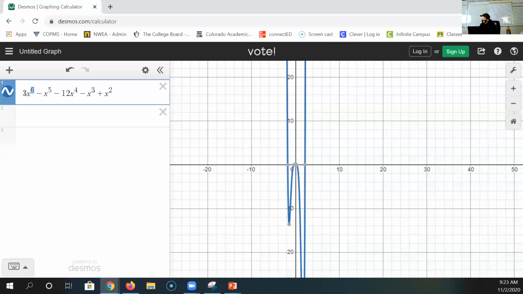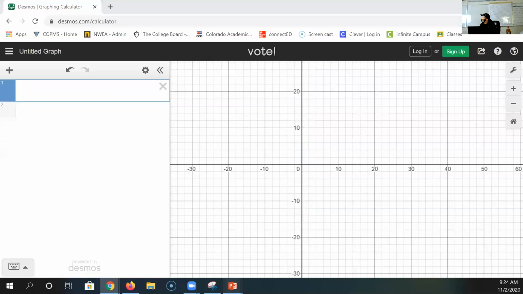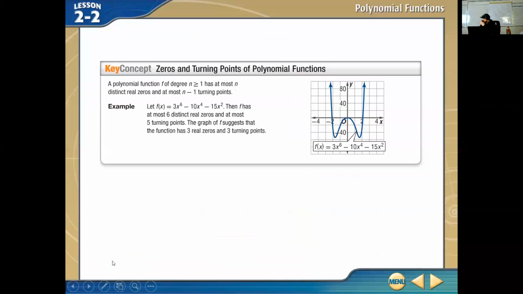And then this term is what's responsible for what's going on the exterior of the graph. This one, we had a positive 3 and an even coefficient, so our end behavior is going up. Okay, and that's more or less summarizing both of your key concepts.